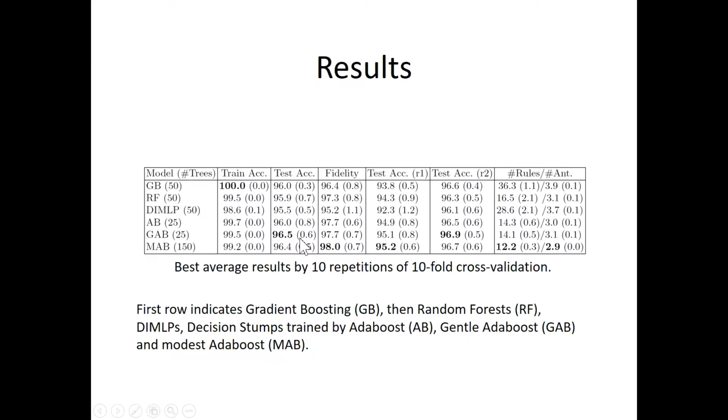Then when we extract rules, if we take into account only the rules, we see that the predictive accuracy is a bit different. For instance, here is 93.8, here is 96, here 96.5, here is 95.1, so it's a bit less, because the power of expression of the rules is a bit lower than the model itself.